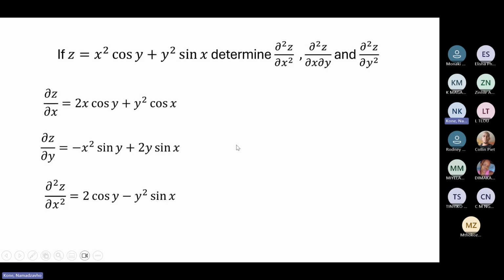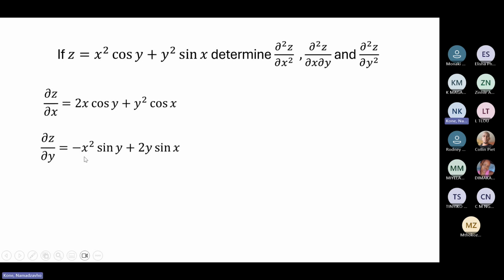Now the second partial derivative is with respect to y. So we'll consider x as a constant in this derivative with respect to y. Y is our variable. So we go to the derivatives now, and we find that the derivative of cos y is minus sine y. That is where we get this negative sign from.